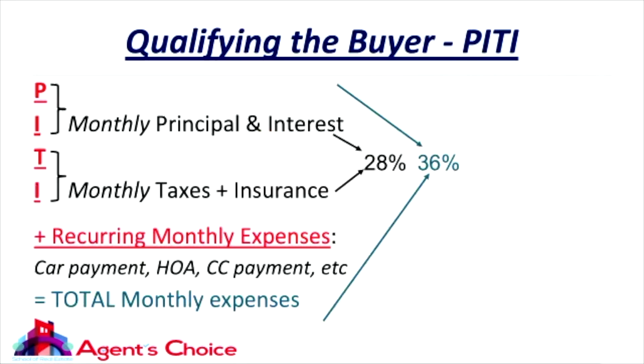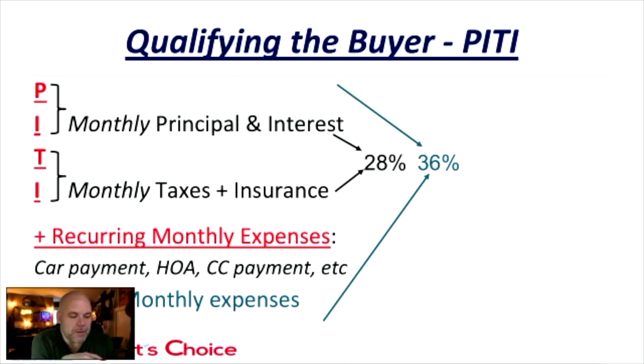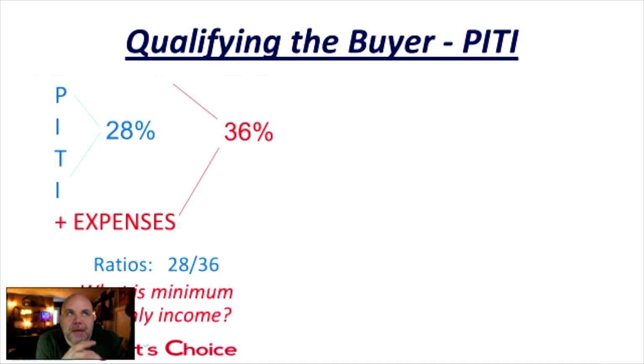All right. We also talked about the whole qualifying ratio thing. And with that, the lender decides if they want to take on the risk of the borrower. They want to ask, okay, borrower, we're only going to loan you a maximum of 28% of your monthly income.